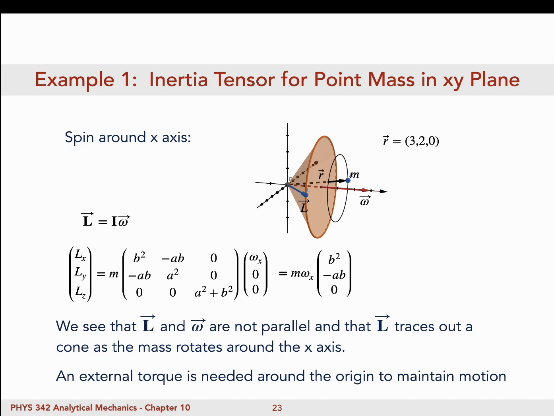What that means is that the angular momentum vector is going to precess or rotate around the angular velocity vector. So the angular momentum vector will trace out this cone that's kind of pointing out along the x-axis. In order to maintain this changing angular momentum, you need an applied torque.